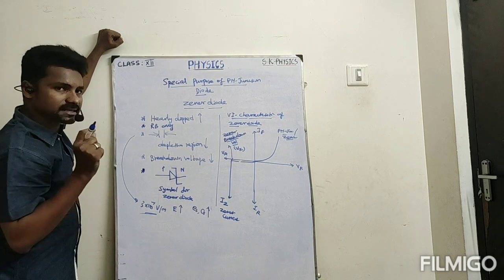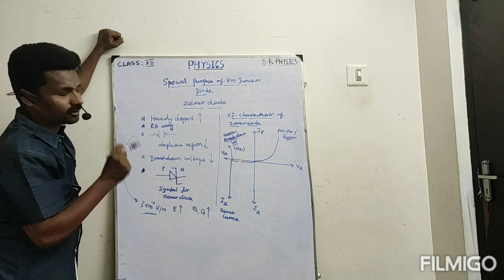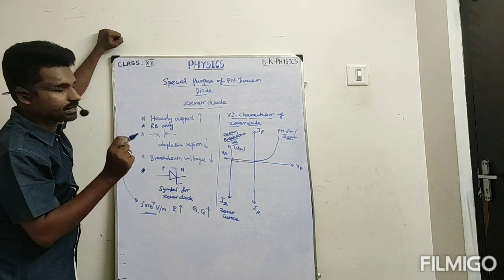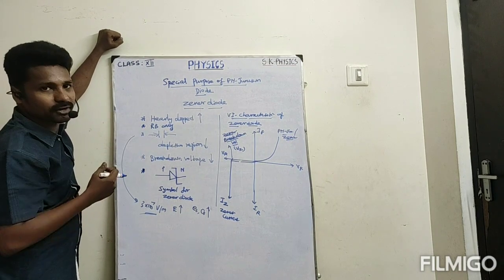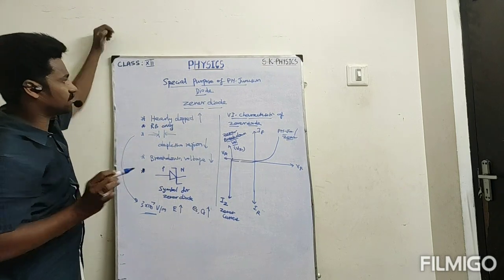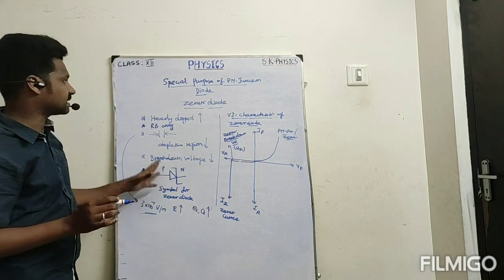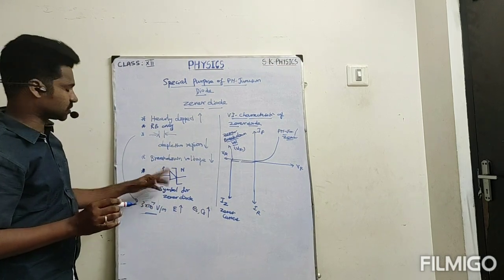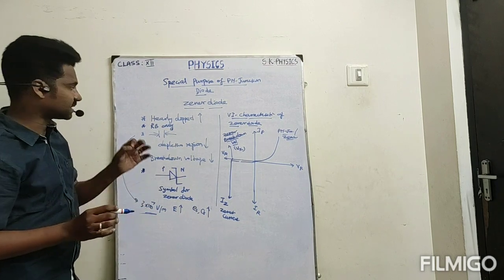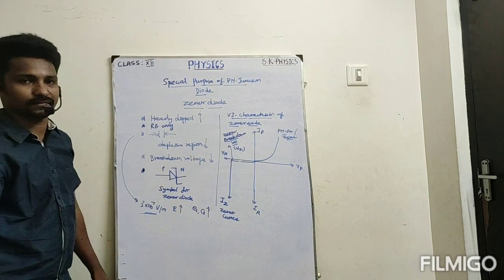In forward bias it acts simply like a normal diode. That is an important point. Please focus on this diagram also. Basically it is like a PN junction diode with one small alteration. That alteration is heavy doping of the diode. Thank you.